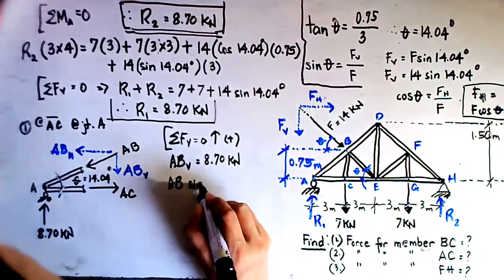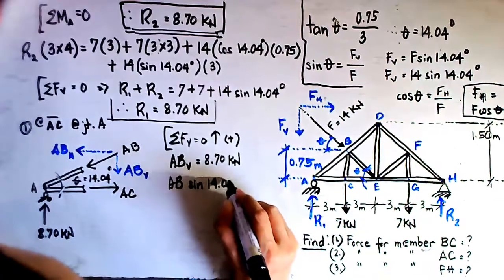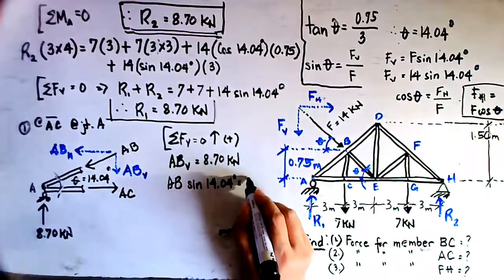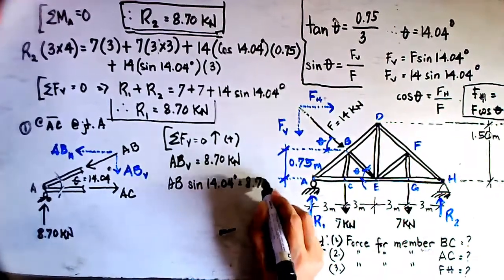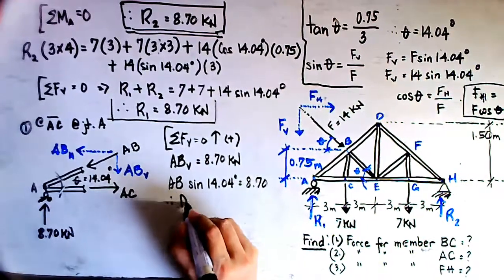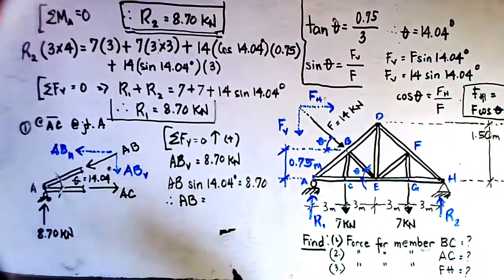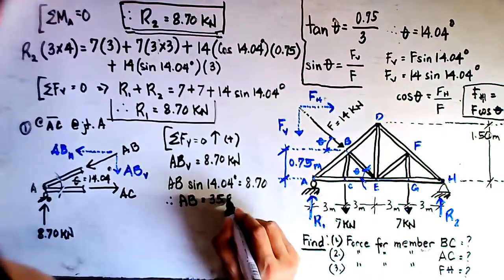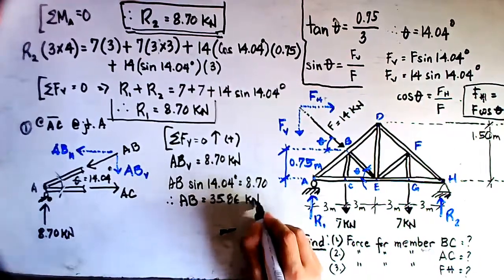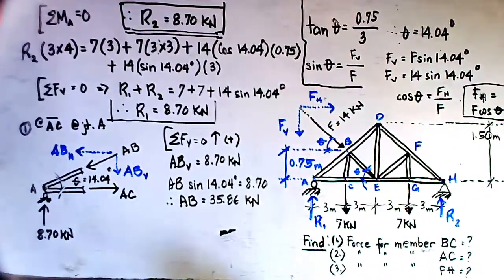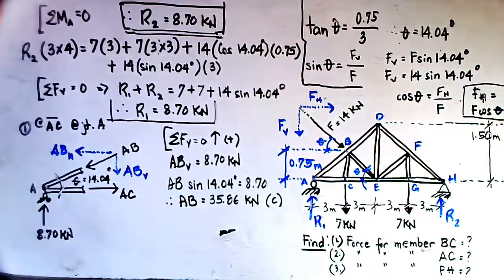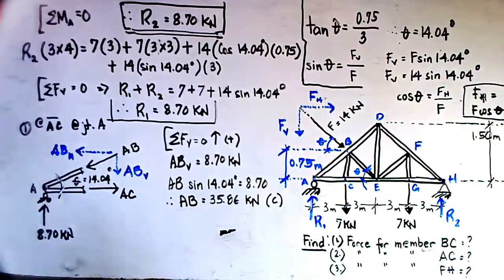So you have AB sine of 14.04 degrees equals 8.7 kilonewton. Therefore, you will have the value for AB, which is equal to 35.86 kilonewton. And if you are going to indicate, that should be compression. Okay, so member AB is in compression.